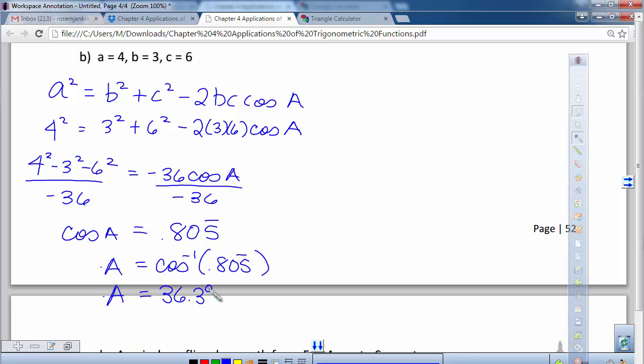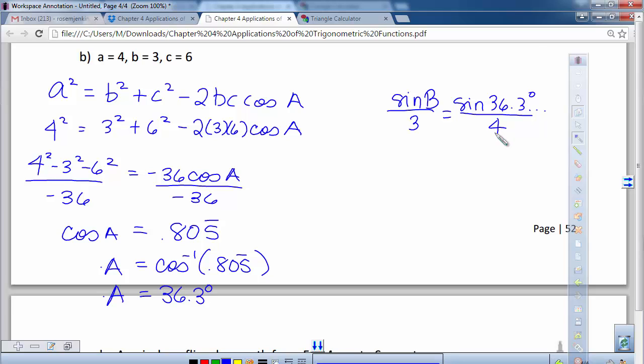Okay, so now I have an angle and the opposite side, so I can use the law of sines to help me find additional angles. Okay, so I'm going to do sine B over the length of side B. Okay, and we've got sine A, which is 36.3 over the length of side A, which is 4.